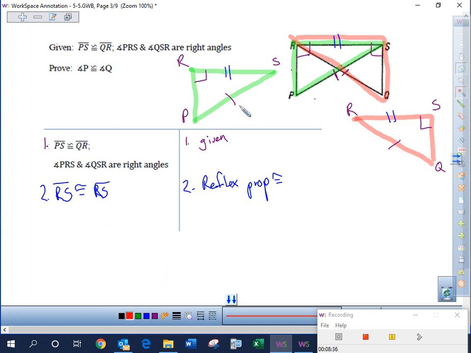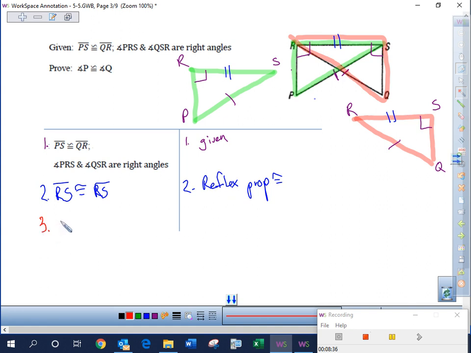To do hypotenuse leg, I need right triangles. Nowhere in my proof does it say that I have right triangles, but it does say that I have right angles, so that's like the one step back that I need. They gave that to me, so that's pretty nice. I don't need all that other stuff.